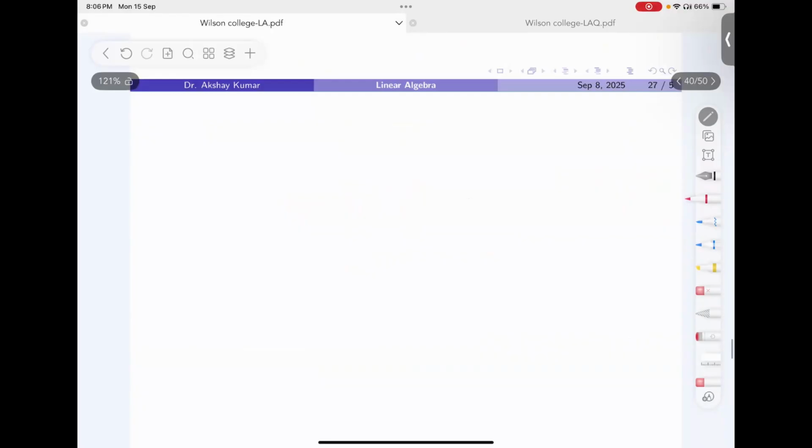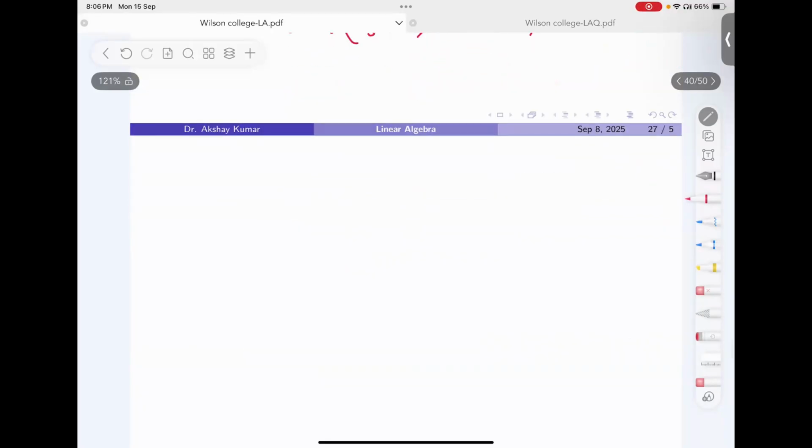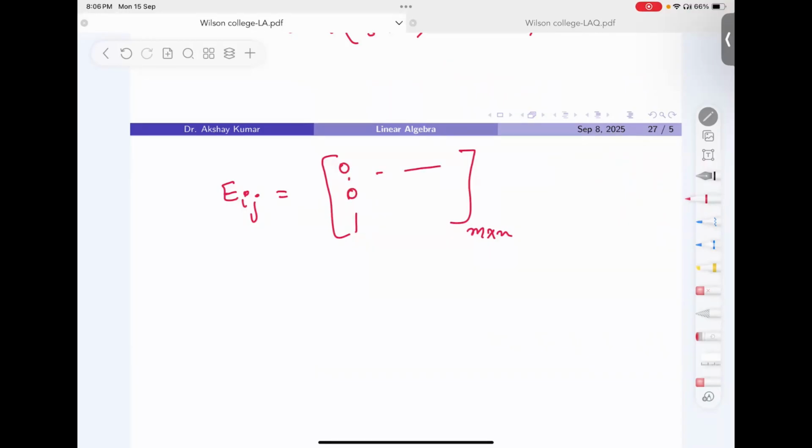Now, similarly, you can check that E_ij, suppose this is an M cross N matrix, where all entries are 0 and at the ijth position we have 1 only, other entries are 0.